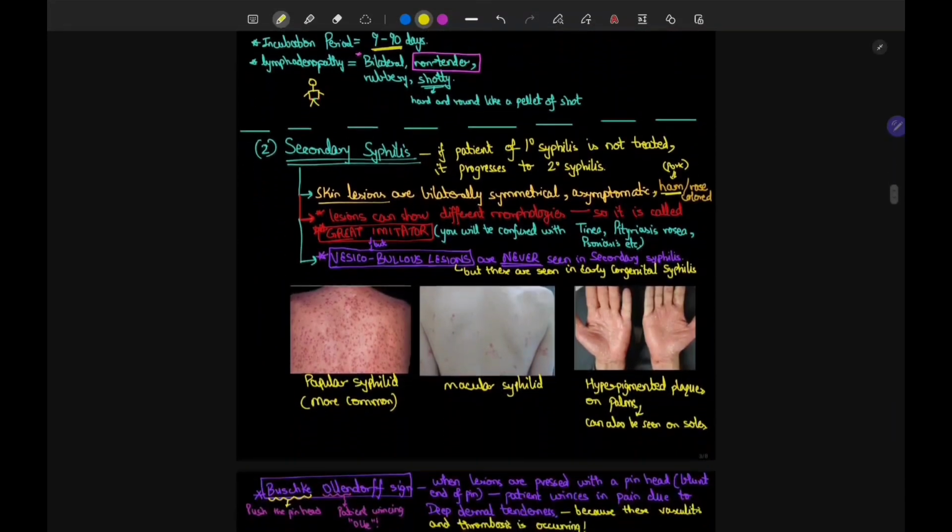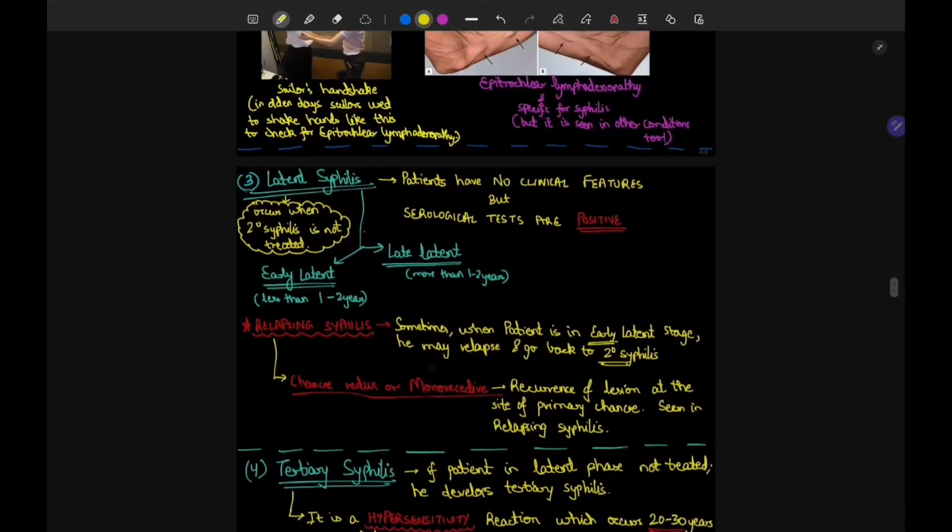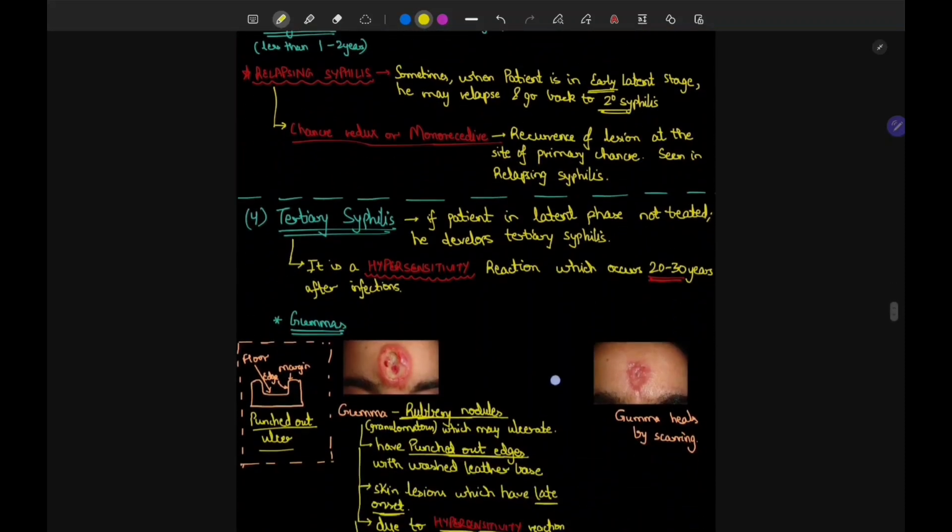Here you will see secondary syphilis, and that will be called chancre redux or monorecidive. Chancre redux, relapse, you may think something like that. Monorecidive, it is receding, it is going backwards.